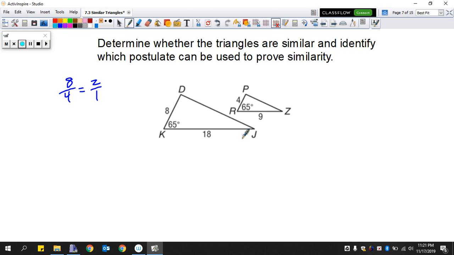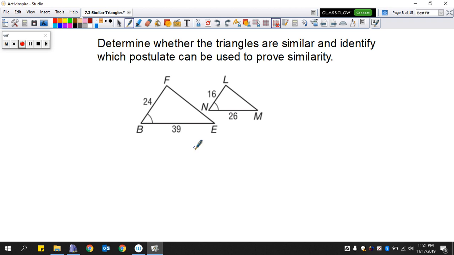This one is 18 to 9, which is also 2 to 1. So they're similar by side, angle, side.